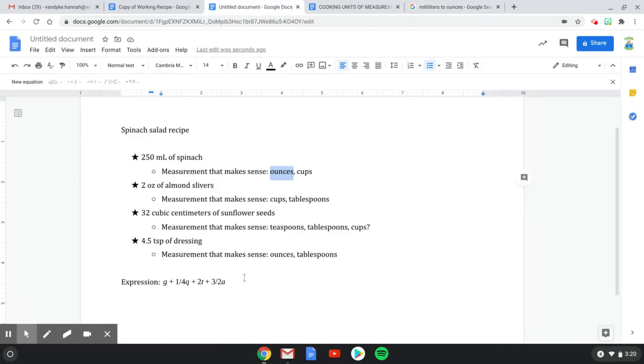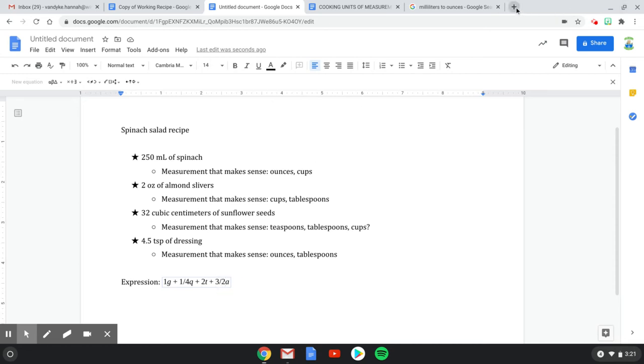Going back to my expression down here. Do any of my coefficients, which are the numbers before the variables, the letters, match 8.45? Well, anywhere where there's not a coefficient, I can assume there's a 1 there. We just have 1g. 1/4 is not equal to 8.45. 2 is not equal to 8.45.